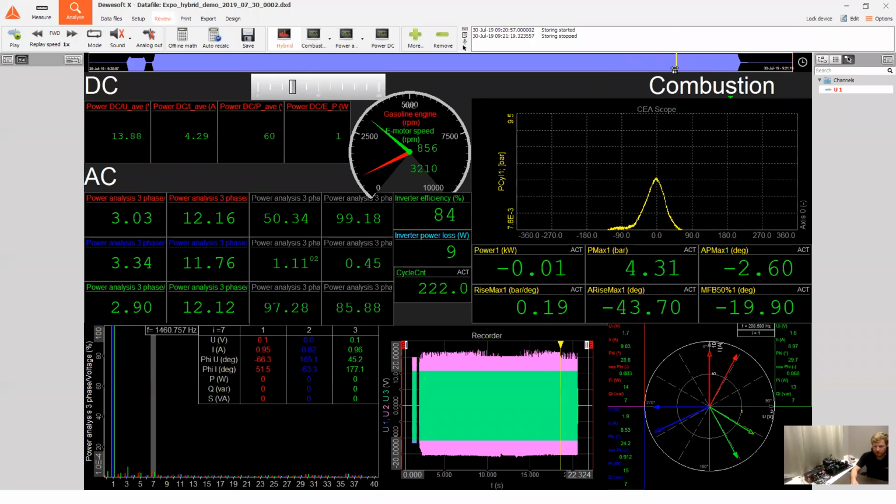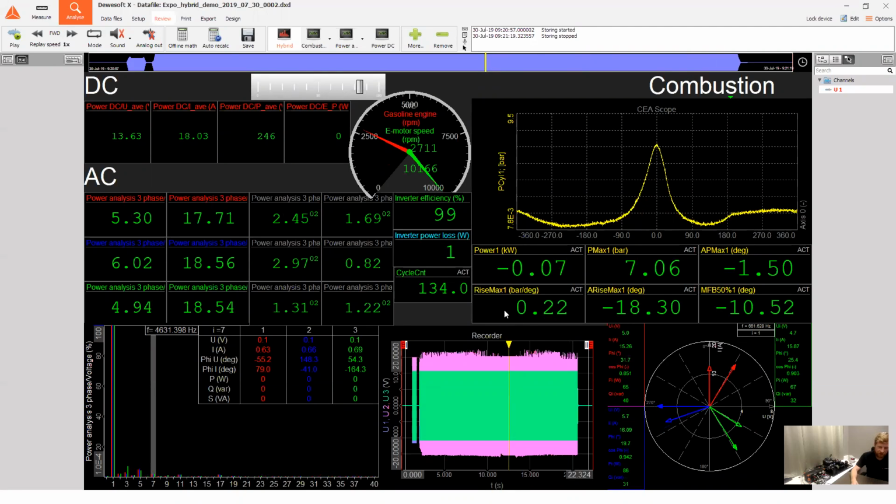We also see a decrease of the pressure in the engine. And we have also the calculation of power in the engine, maximum pressure, position of maximum pressure, what is the maximum rise. We have calculation of the mass fraction of fuel being burned at different points.